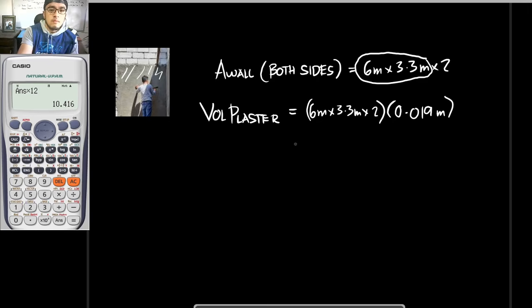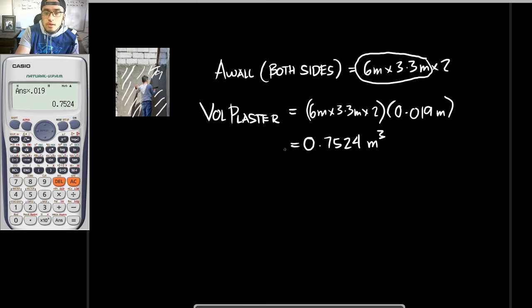This is the area of the wall that you would be plastering, multiplied by 0.019 meters. So the volume of our plaster would be 0.7524 cubic meters.